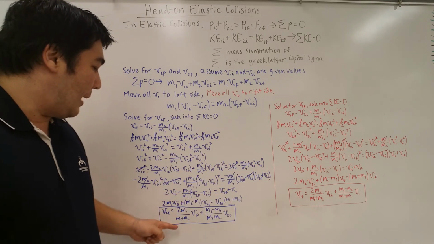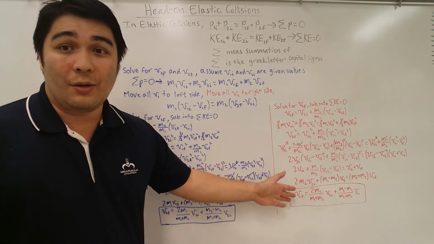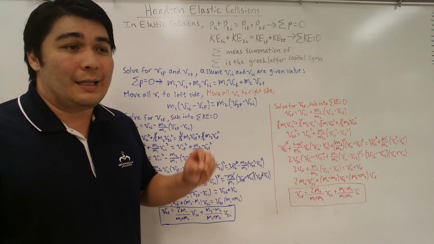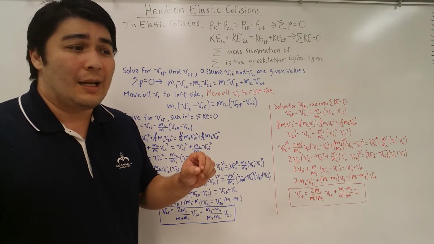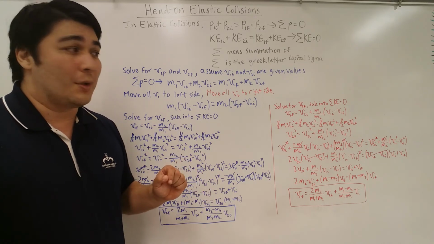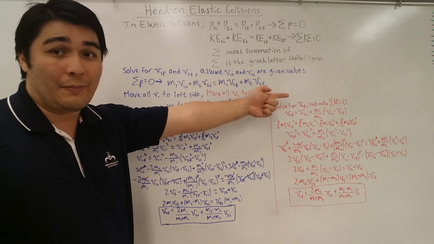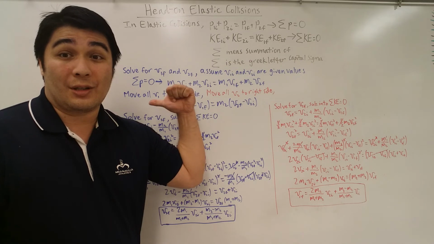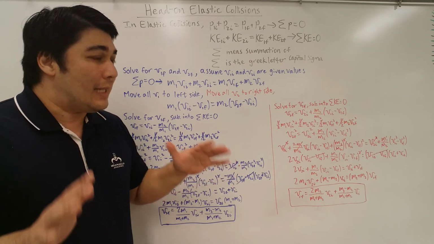Honestly, it doesn't matter if you pick something as V1 or V2, but the general convention is that the first object, or the thing you give V1 to, is going to be going in the positive direction, which, at least if we're going by the way the board is facing, is to the right. And then V2 would be traveling in the negative direction, or to the left. So just keep that in mind.